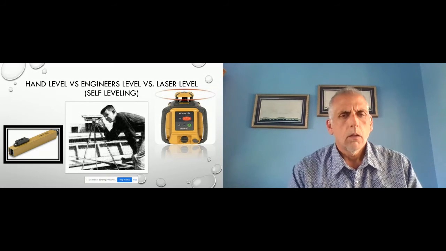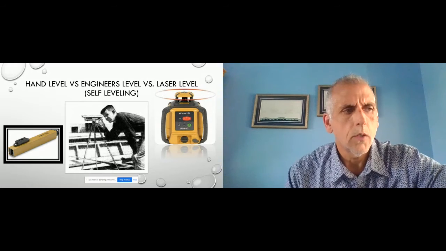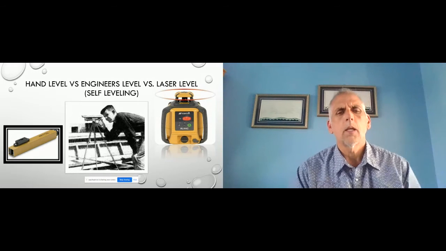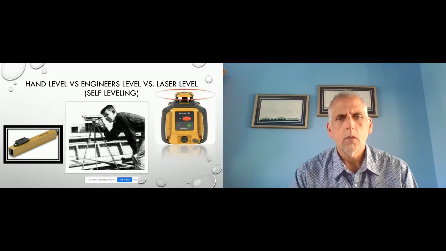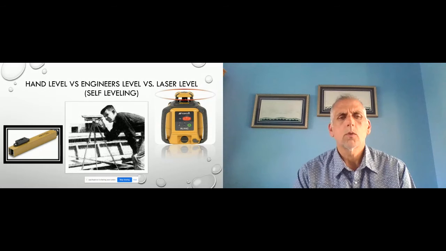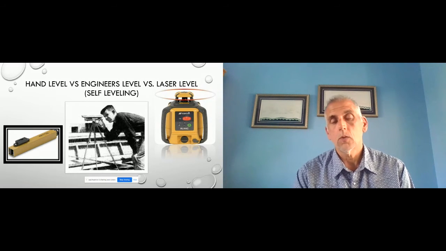We have a soil scientist now working on starting to do layouts with drones. You can now fly a drone over a piece of property, and that drone will be able to send a signal to the ground and back up, and it will come up with a contour map. And those contour maps are pretty accurate.